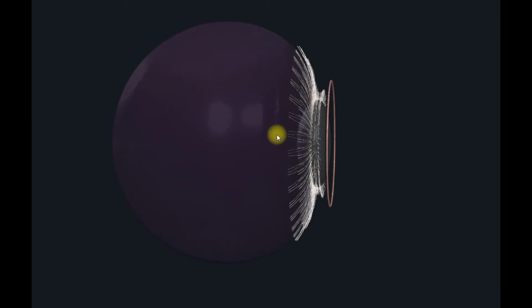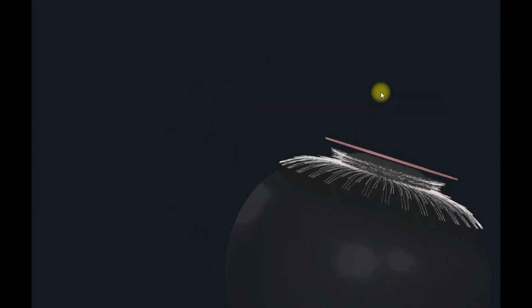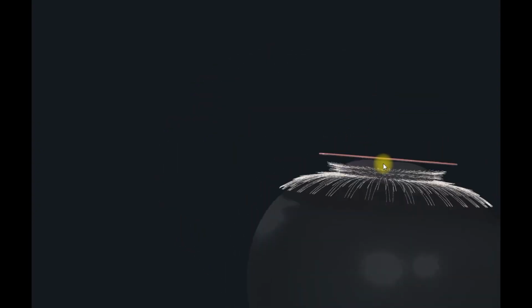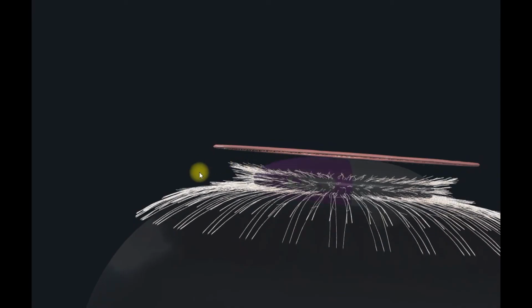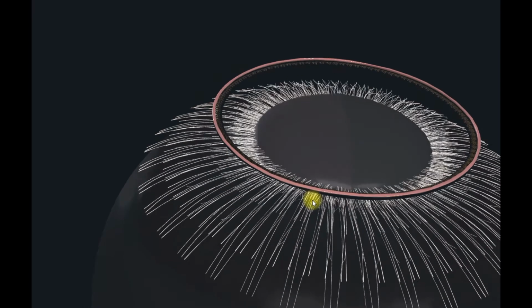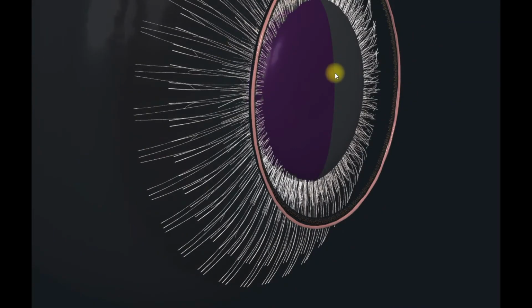It is the innermost structures of the eye, which consist of the vitreous humor, the lens, and the aqueous humor, which fills the two chambers. There is the posterior chamber between the vitreous body and lens, and the anterior chamber after passing the pupil.